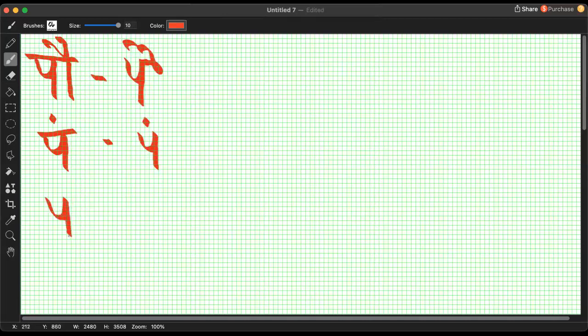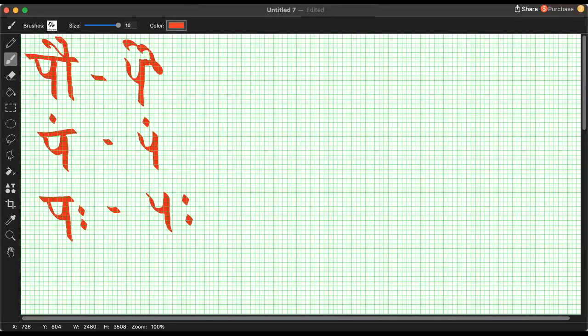And then we write per, and then two dots on the right side. So these were the matras that I wanted to cover today.